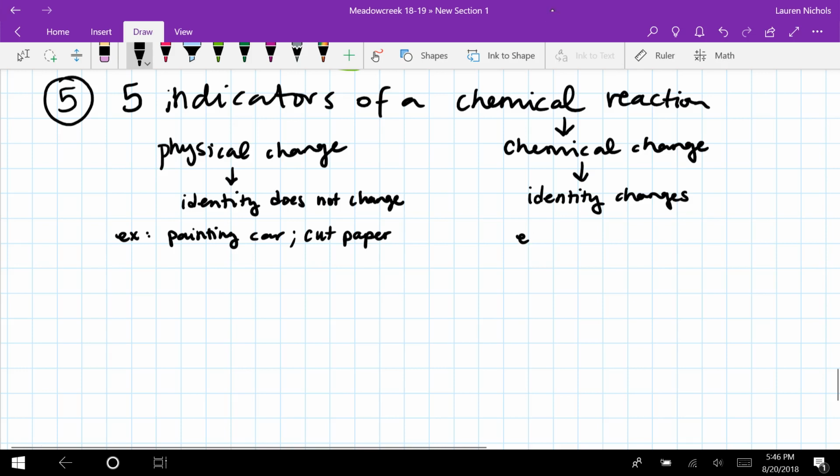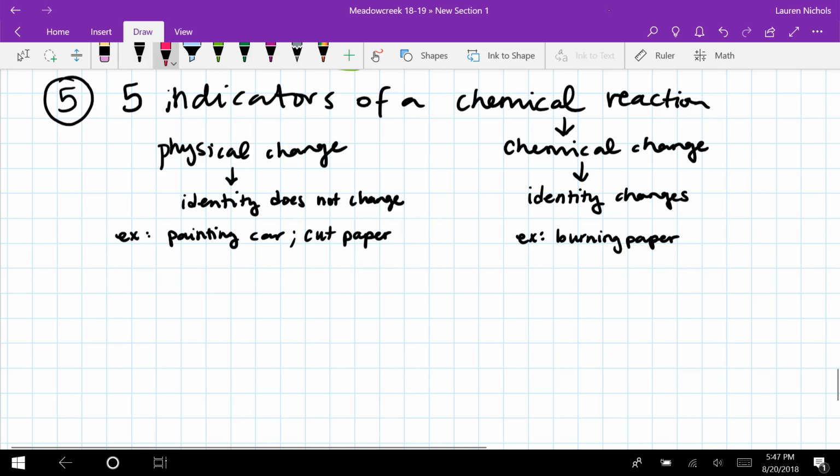But an example of a chemical change would be burning the paper. If I burned the paper, then I would produce ash and smoke, and there would be a gas made, and it's not still paper anymore. So it would be a chemical change, and a chemical reaction would occur.